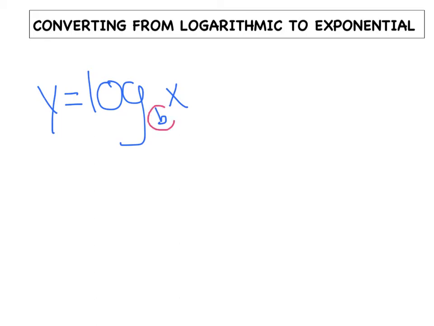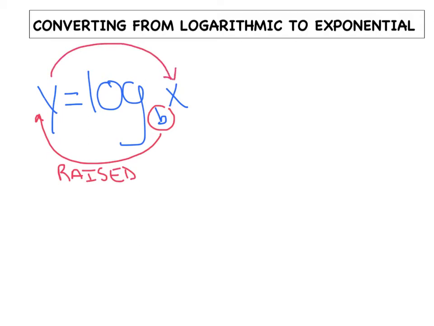Start with the subscript, which is the base. We're going to say b raised to the y, and you can even write the word raised right in there. Raised to the power of y equals x. And again, you can write the word equals right in there on that rainbow, so to speak. So here's what it would look like. We would say b raised to the y equals x.